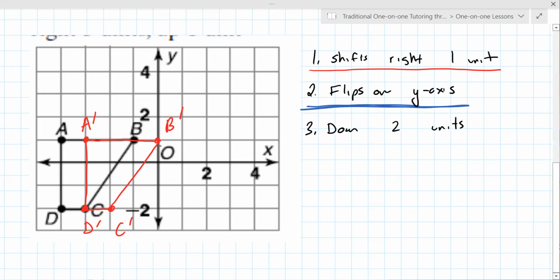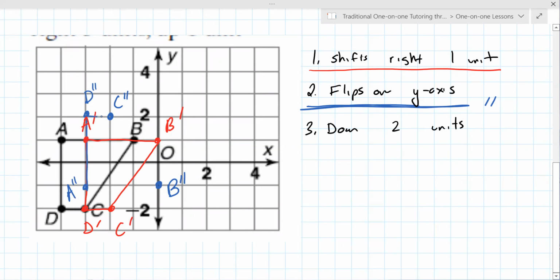You figure out how far away each point is from the axis. So I'll start with the B. The B is up 1, so that new B goes down here. We're going to use a double prime for that. And then C prime is 2 away below, so it's going to be 2 away above. And then D is 2 down, so it's going to be 2 up. There's D double prime. And then A is 1 up, so it's going to be there.